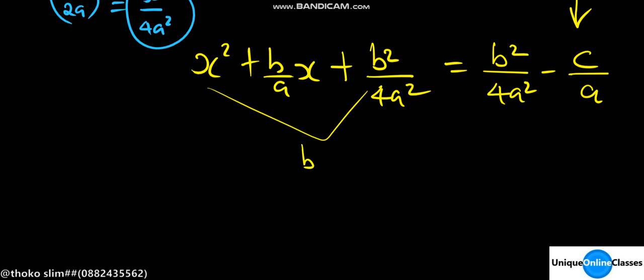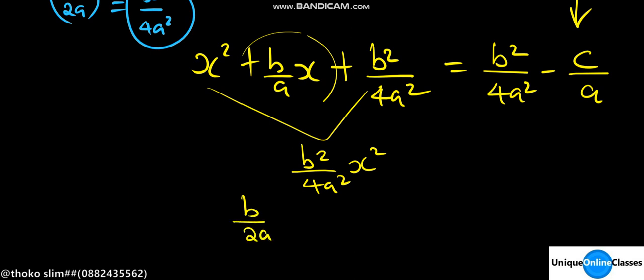So we're going to have x square plus b over a x plus b square over 4a square, and the factors of that one give us b over 2a, b over 2a. For what? b over 2a times b over 2a gives b square, and 2a times 2a gives 4a square.